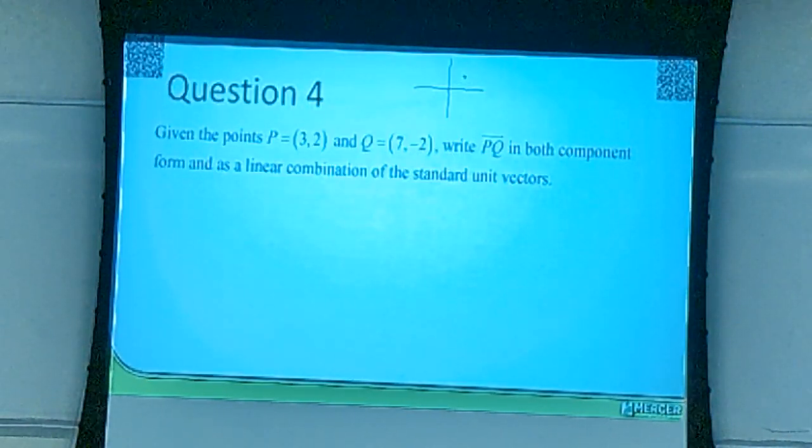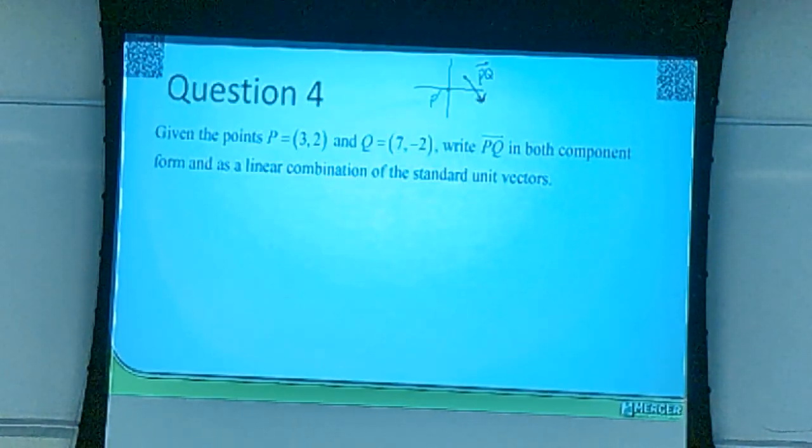And then 7, -2, I don't know. There's PQ. We move P to there. Let's call that P prime.